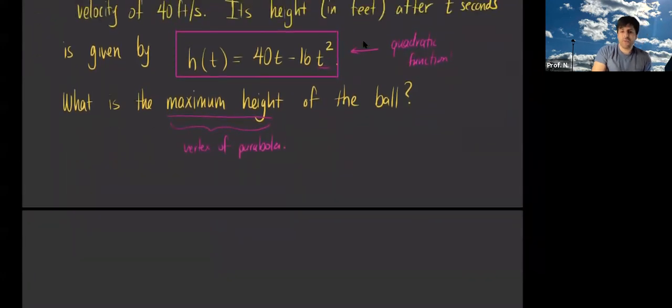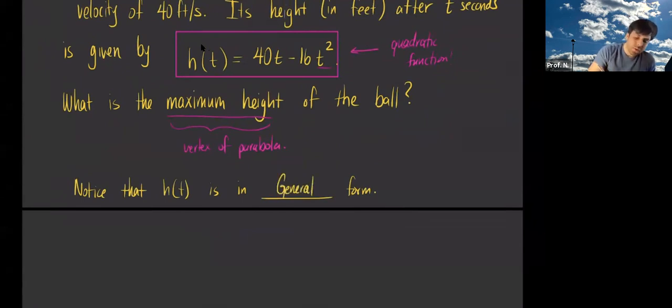So notice what? Notice that h of t is in blank form. So what form is h of t in? It's in the general form, right?